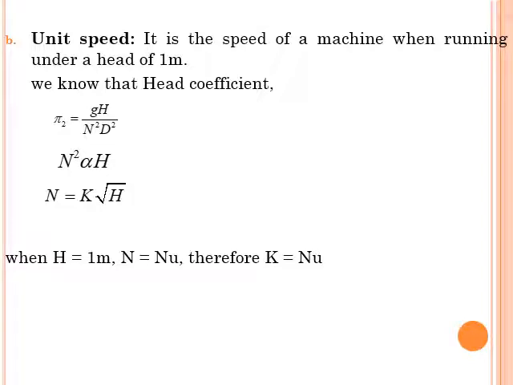When H equals 1 meter, N equals NU, therefore K equals NU. Therefore the unit speed is given by NU equals N by square root of H. That is the expression for unit speed.